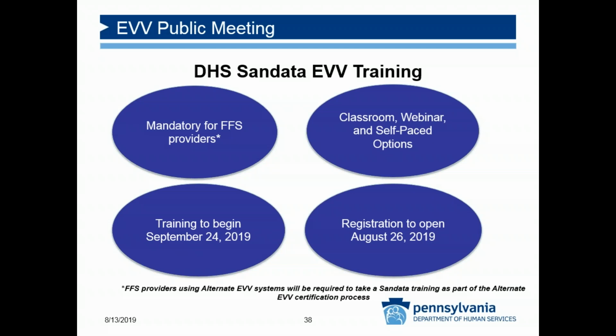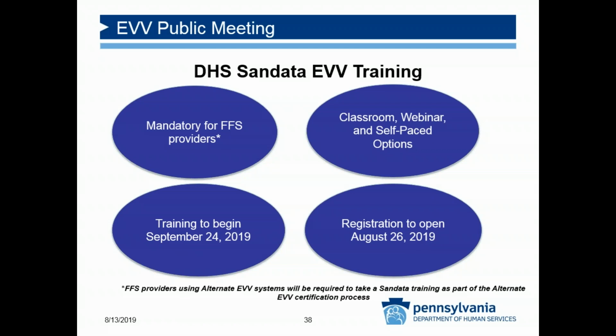The registration should open August 26th, 2019. We should have a communication sent out through all of the listservs. I believe it will go out August 23rd.